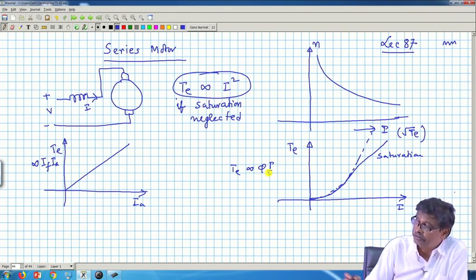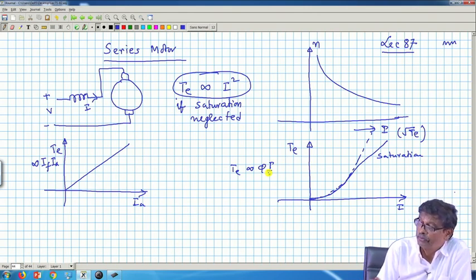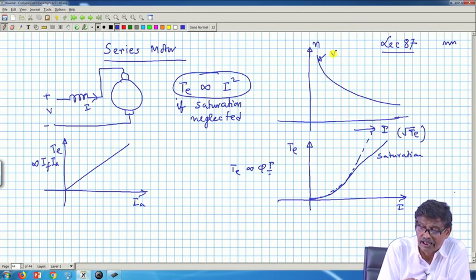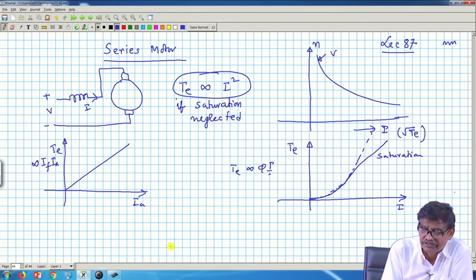Therefore, to control the speed of the series motor, we have seen we can vary the terminal voltage of the machine. Of course, this terminal voltage will be very close to the back EMF, because after all Ra and Rac both are small.